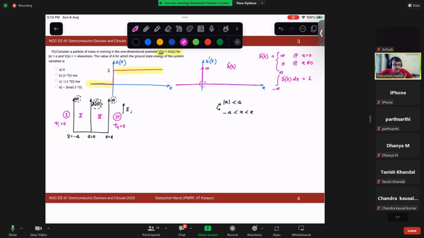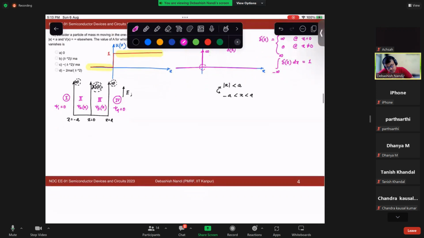So these two regions we should not be worrying about. And here we need to find out what is psi 2(x) and what is psi 3(x). So let's go step by step.